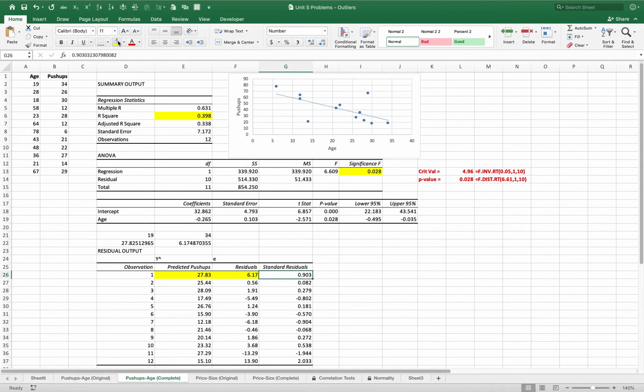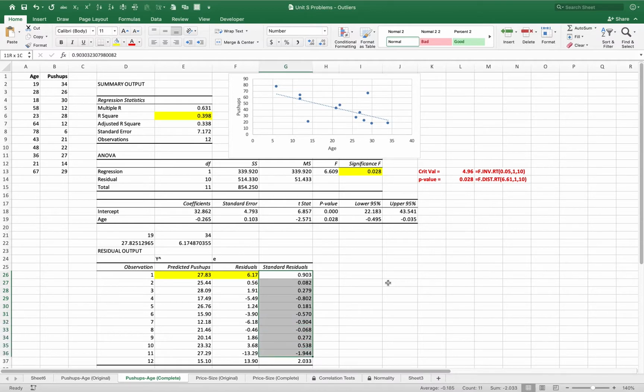The last one here, the standardized residual, is what you get if you took this value and divided by the standard error, which is the standard deviation of all the errors. There is some adjustment, which we don't need to go into, but you get something pretty close to that. That's what the standardized residuals column is all about.